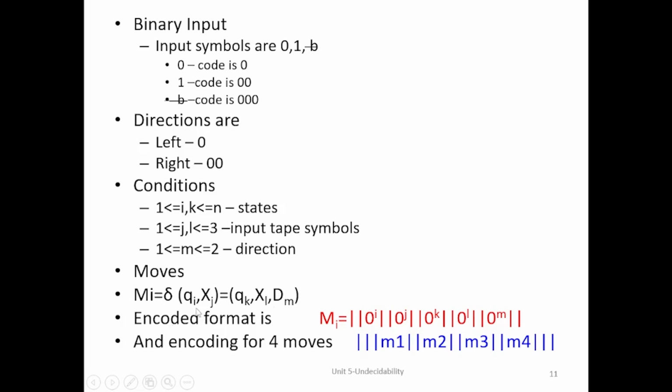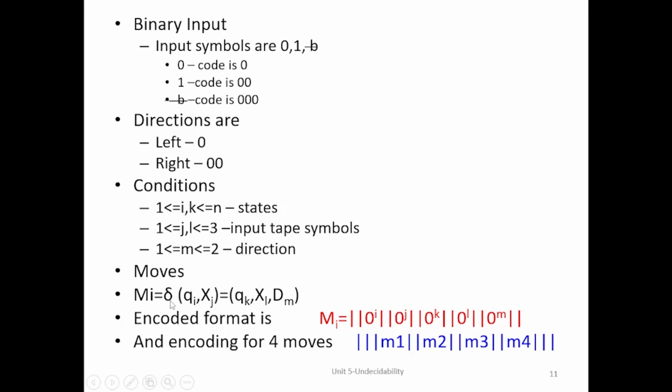So it is represented as I, J, K, L, M. In these 5 values, I and K represent states, so your I value will be from 1 to N. J and L are input tape symbols. M is the direction. The maximum directions are 2, so the M value should be less than or equal to 2. So this is one notation.